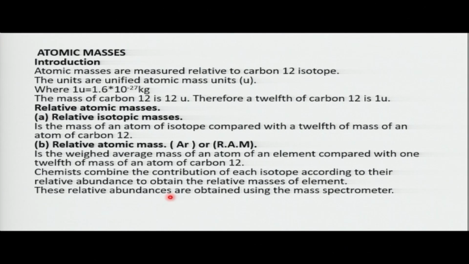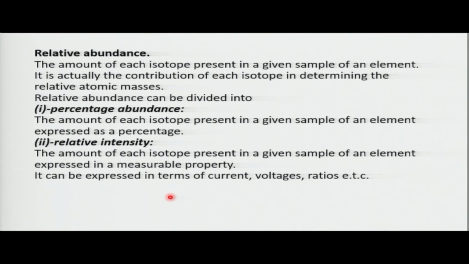But before we continue, let's talk about the meaning of the term relative abundance. Relative abundance is the amount of each isotope present in a given sample of an element. It is actually the contribution of each isotope in determining the relative atomic masses.